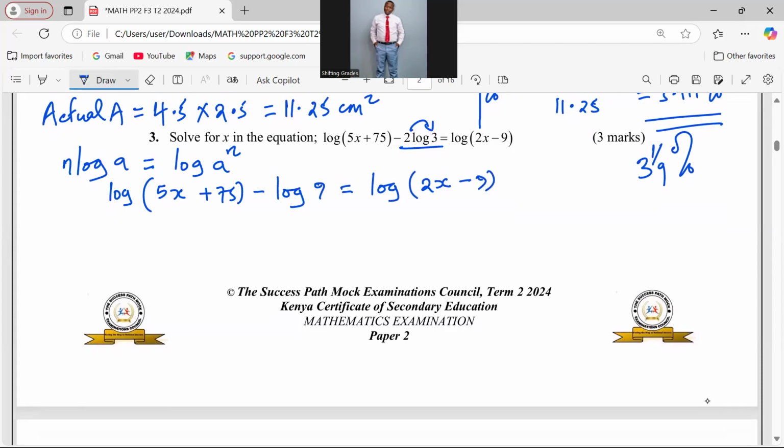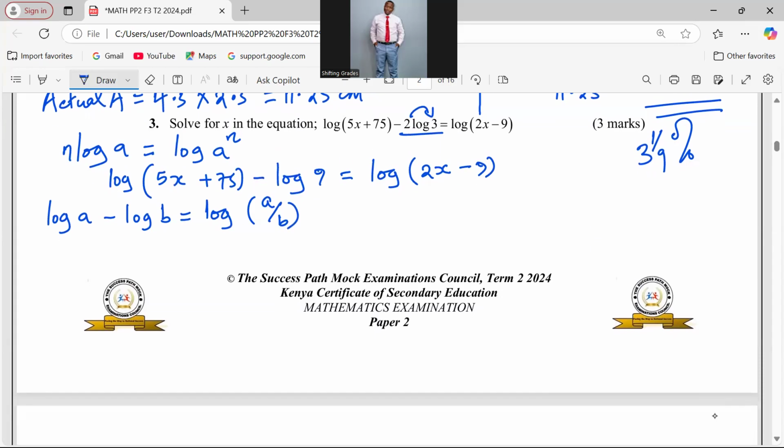Now, at this point, we can move to the second law of logarithms, which says that if we have the log of a minus the log of b, as long as they are to the same base, then this is solved by log a divided by b. If that is so, then we can say that we need logarithm, going back to the expression now, of 5x plus 75 divided by 9 equals the logarithm of 2x minus 9.